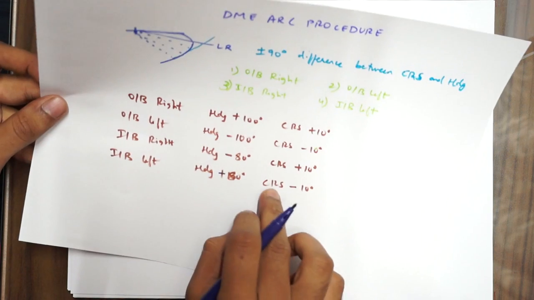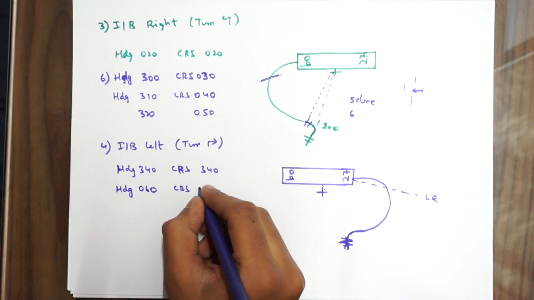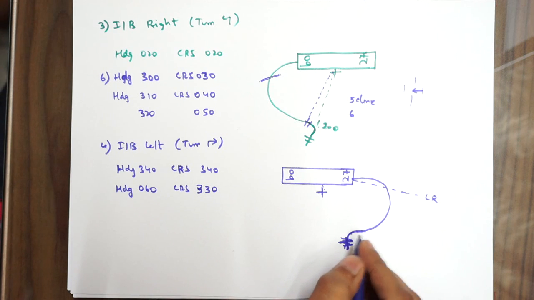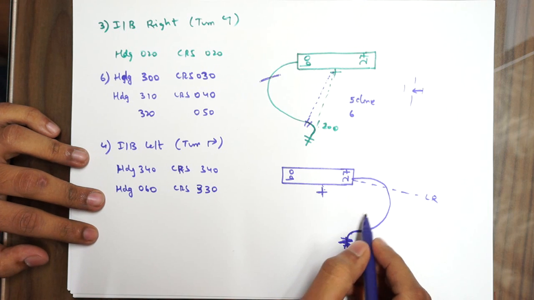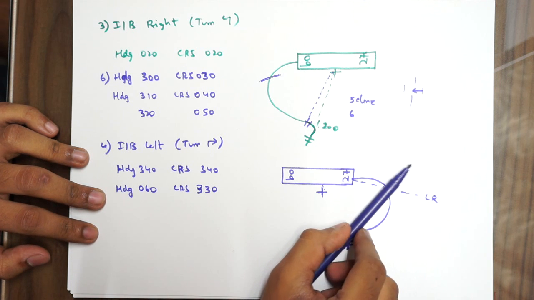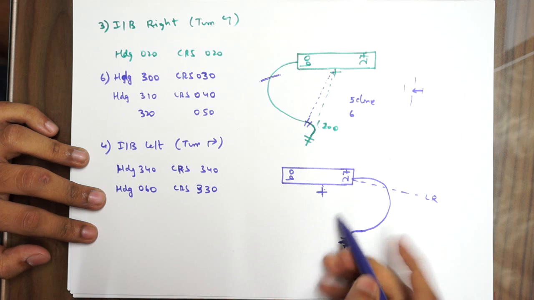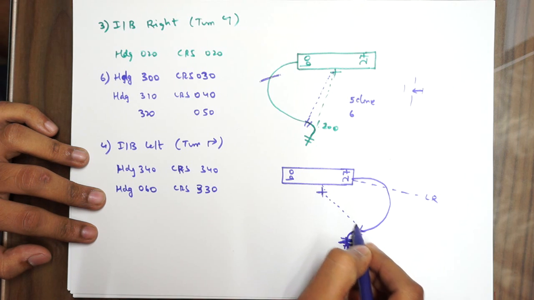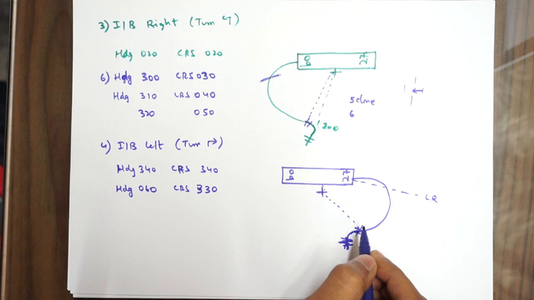As you can see here, course will be minus 10, that will be 330. Okay, so when you set this, what will happen is you will turn on a heading 060, that is around about something like this. Okay, and you will be somewhere here like this, 060, and your radial 330 is something like this.